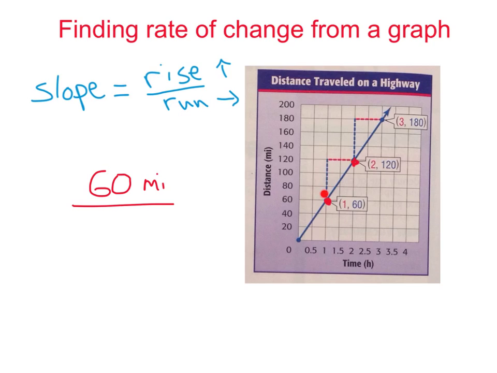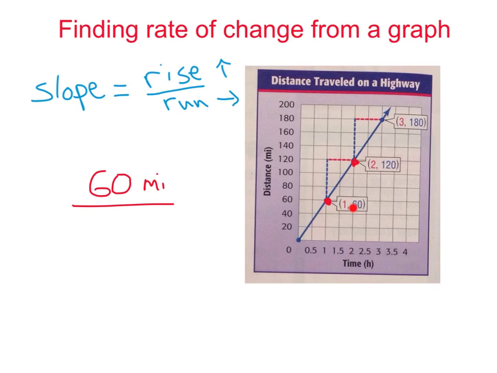And now I'm going to find my run. Okay, so remember the run is from here to here. Now here again, so I'm going from this point and I'm going over 1, 2 lines. But let's check the lines out. Each line is 1/2 or 0.5 of an hour because it says h. So this would be 0.5 and another 0.5 would be 1. So from here it was at 1 and this one was at 2.